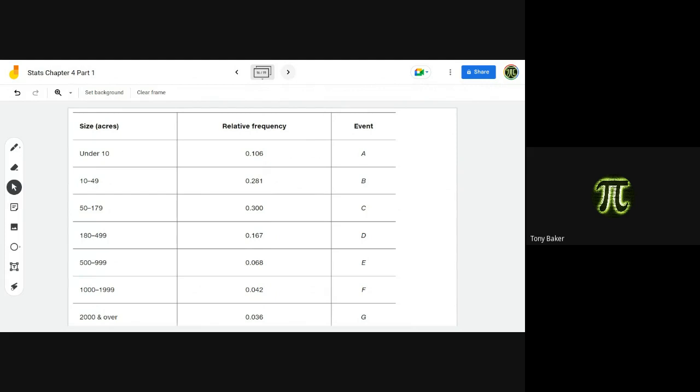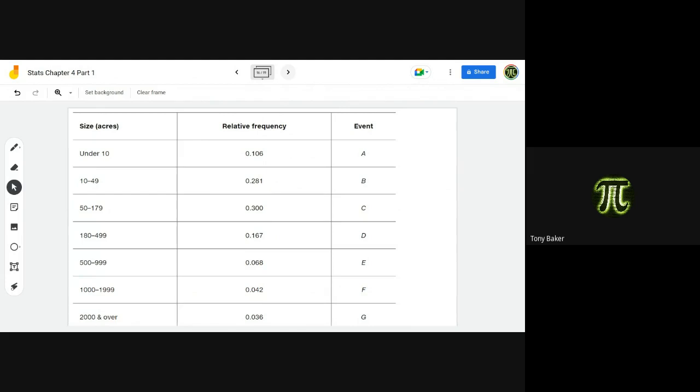Right. Okay. My classes are not equal. Under 10 is 10. 10 to 49 is 40 of them. 50 to 179 is now 130. So they're not equal spaced.